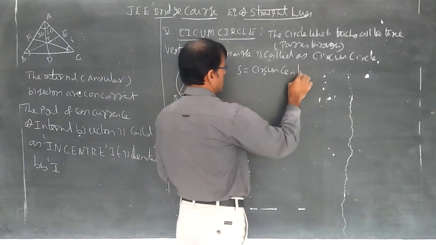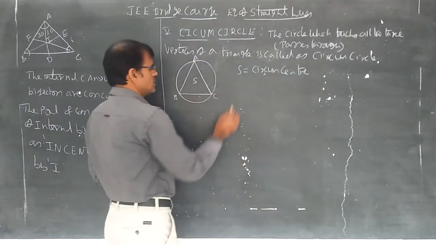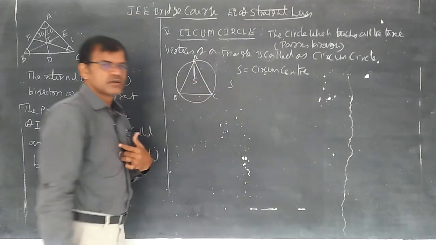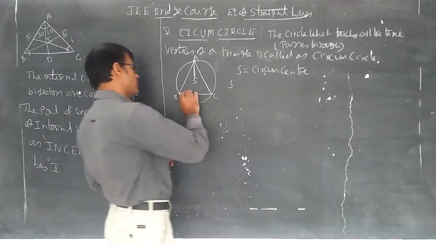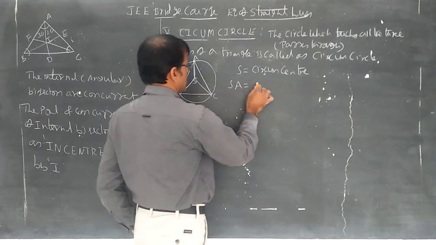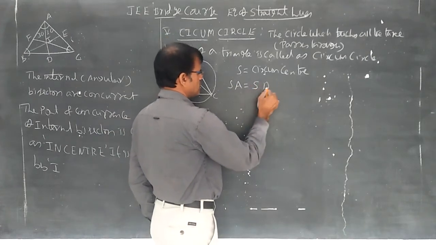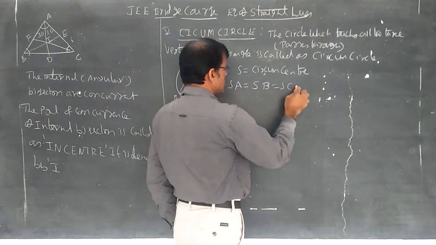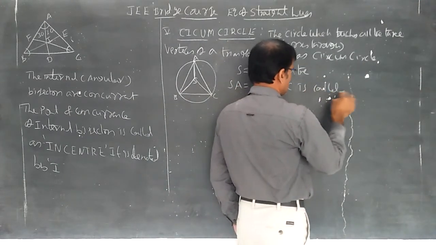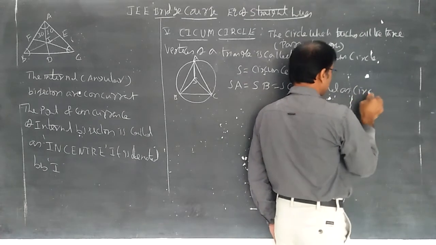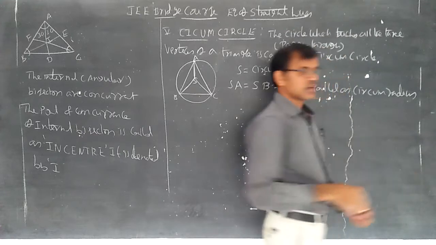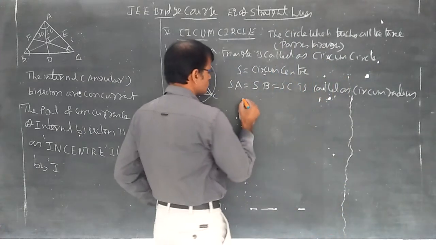Now, the center, if you put the circumcenter, S is the circumcenter. Students, already you have learnt that from center to any point of the circle is called the radius. You can understand now SA is equal to SB is equal to SC, called the circumradius.